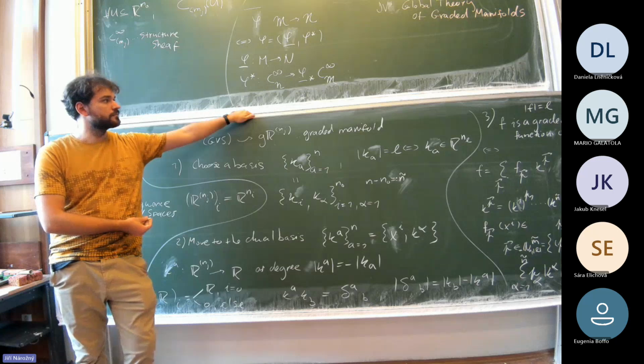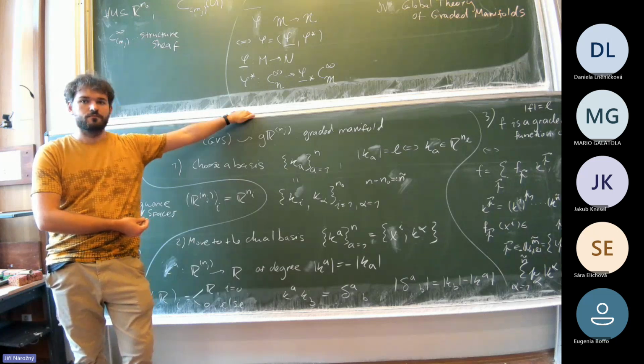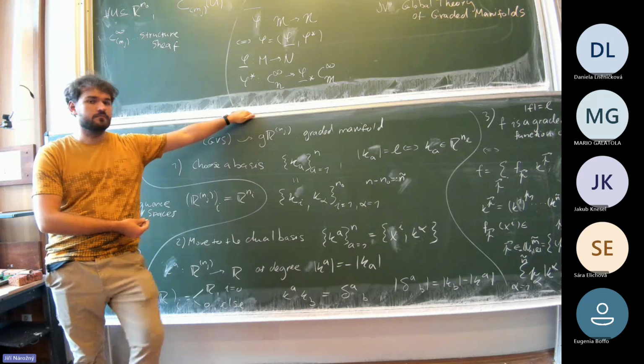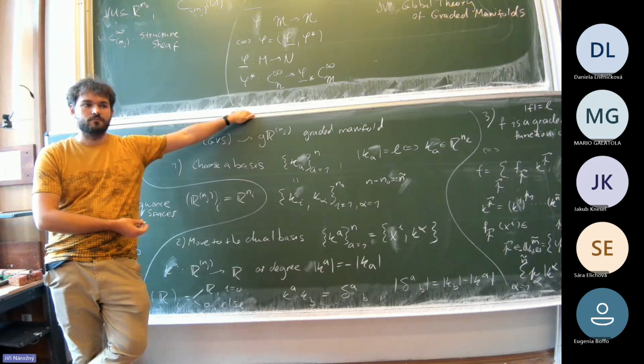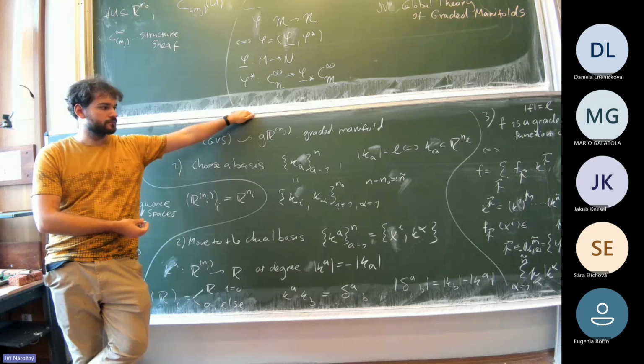But here you have these formal power series, so this doesn't happen. So you can really do Taylor polynomials in these graded variables as you wish.